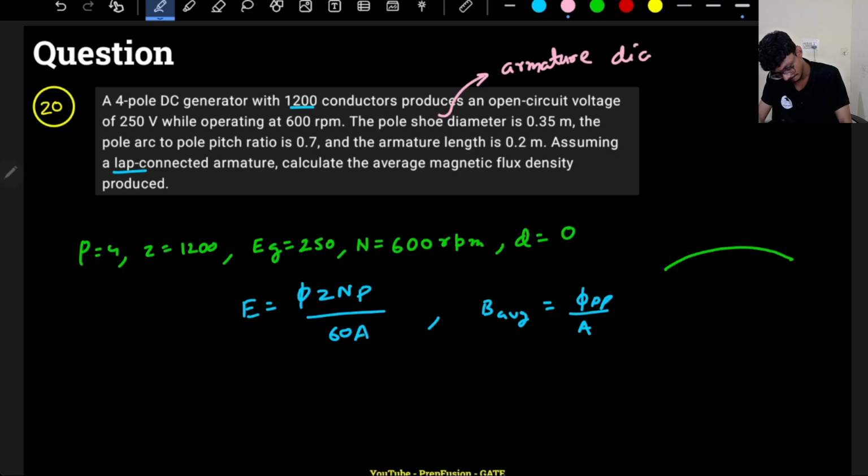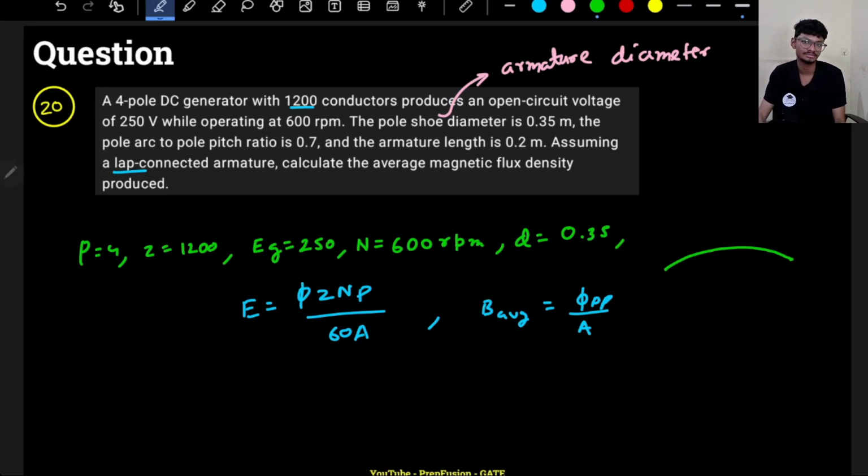Okay, so this D is 0.35, and the armature and the pole arc to pole pitch.